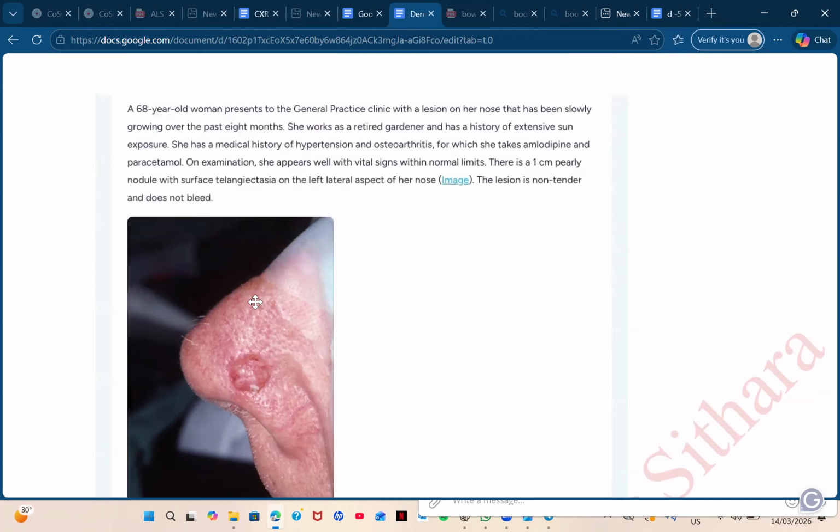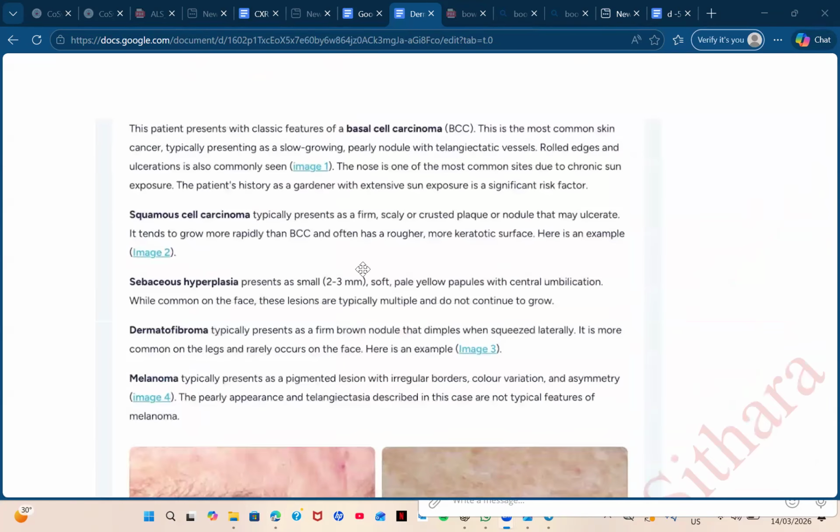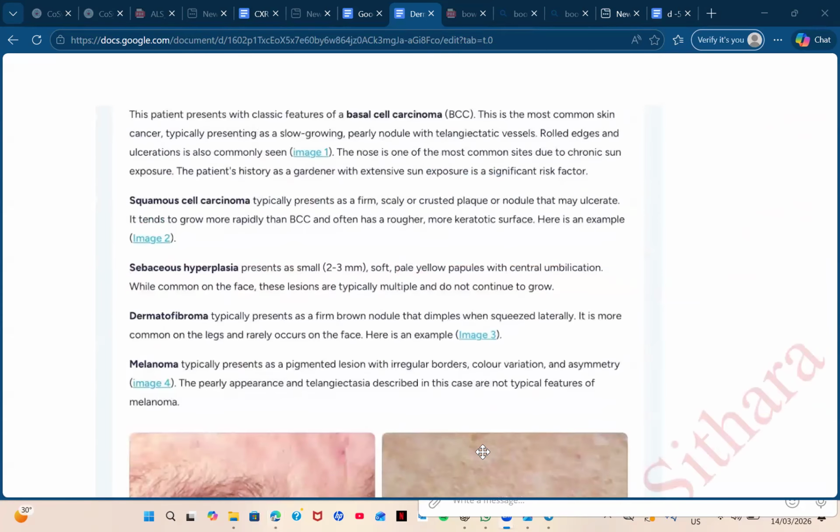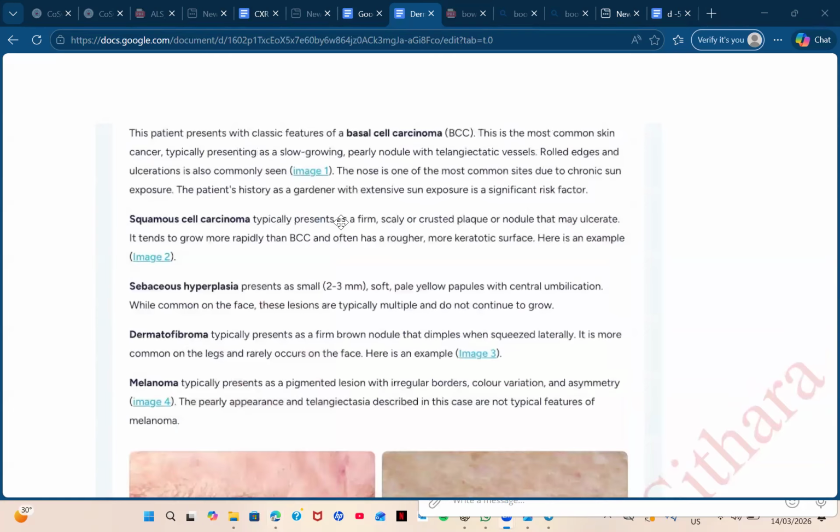So you all know, pearly nodule with surface telangiectasis means it's a BCC, right? Good. Here also I have attached good images for other things as well. This patient presents with classical features of BCC.